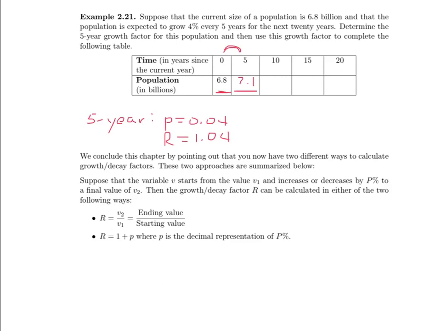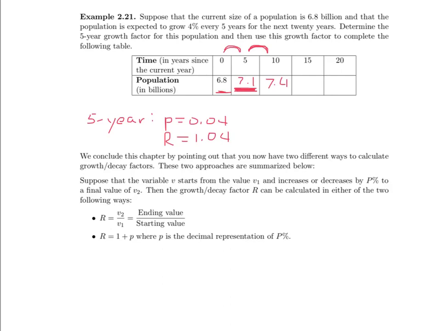To calculate the population in year 10, I use the fact that this is a 5-year period. During that period, the population again grew by a factor of 1.04. Here, the starting value is 7.1. So I take 7.1 and I multiply it by 1.04 to arrive at my population value in year 10. What I arrive at is 7.4, again rounded to the nearest tenth.